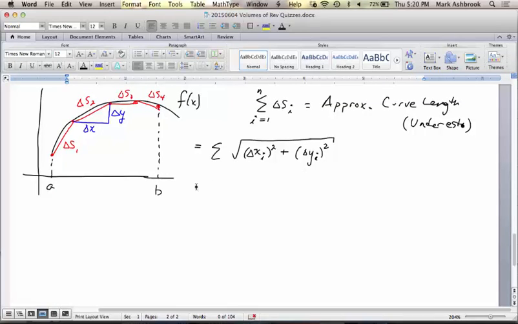Okay, so what we can do is, not so much get it out of here, but if we had delta x outside, we could divide by delta x squared inside. Does that make sense? It's kind of like doing this. This is 1, right?